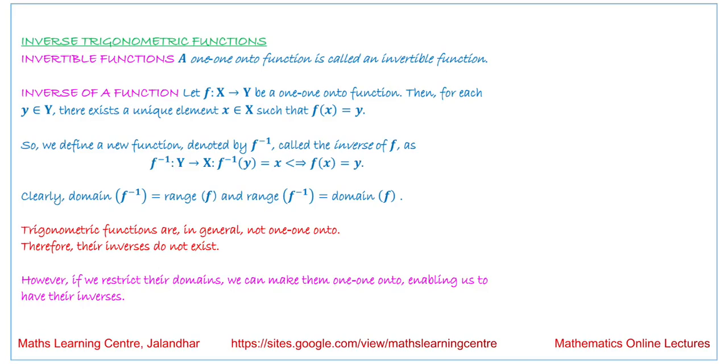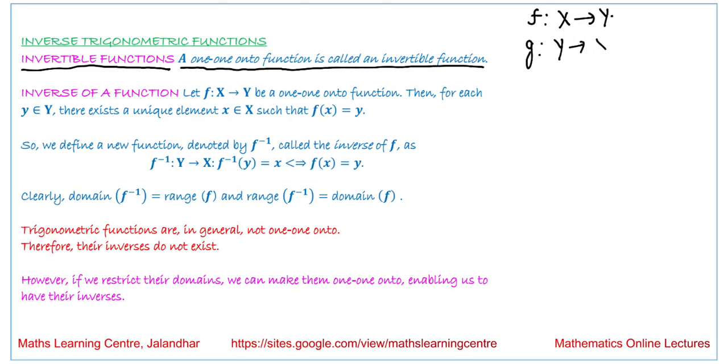So the first result we have studied is that a 1-1 onto function is called an invertible function. The basic definition of an invertible function: f is a function defined from X to Y. If there exists a function g from Y to X such that f o g is equal to g o f is equal to the identity function, then g is called the inverse of f, and we write that g is equal to f inverse.